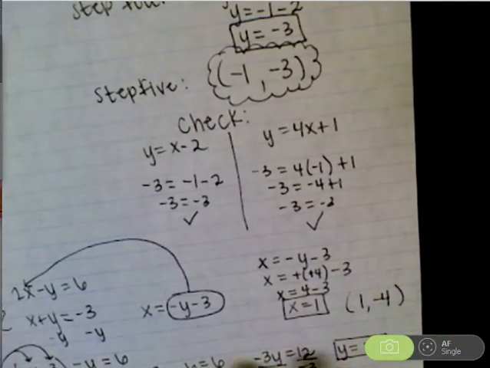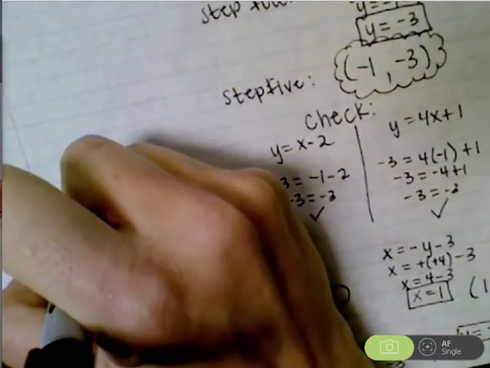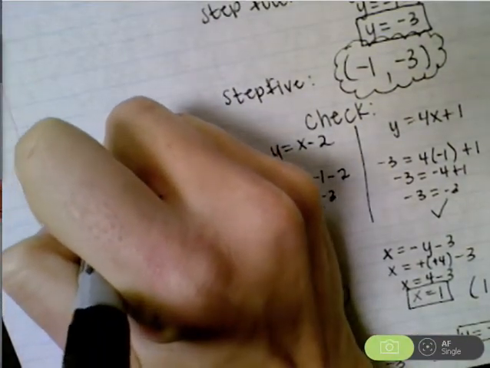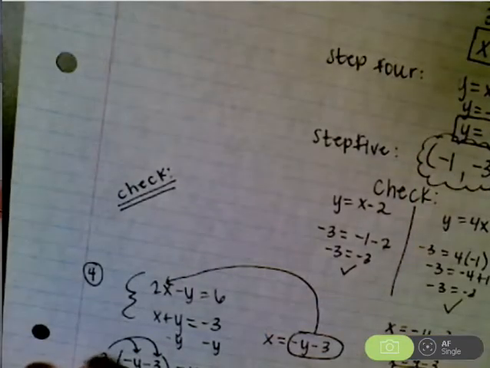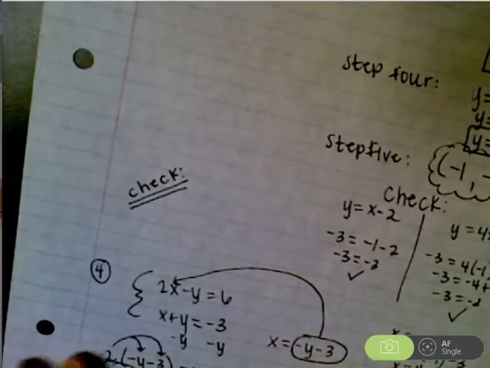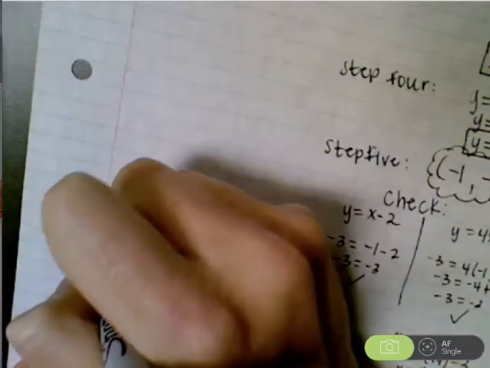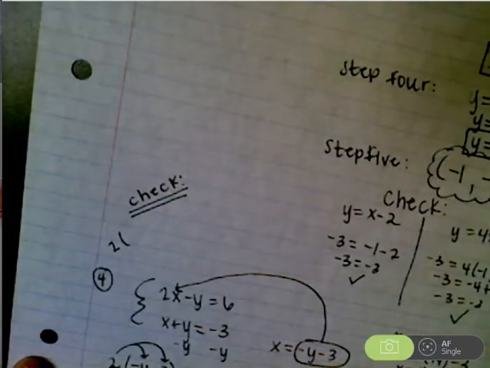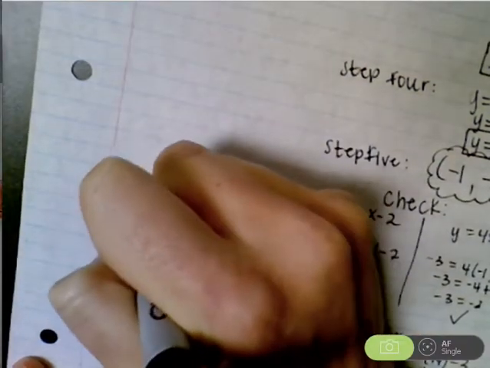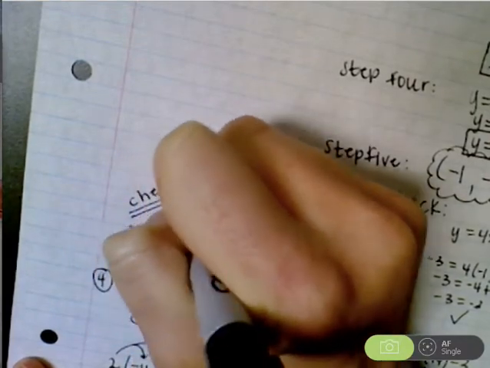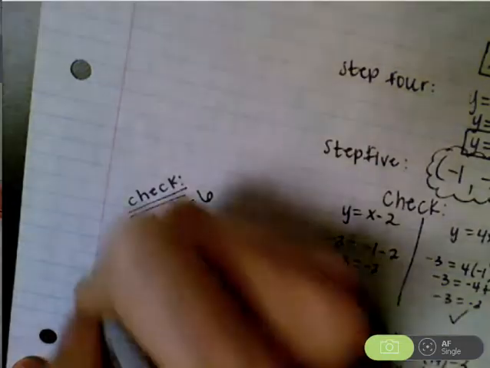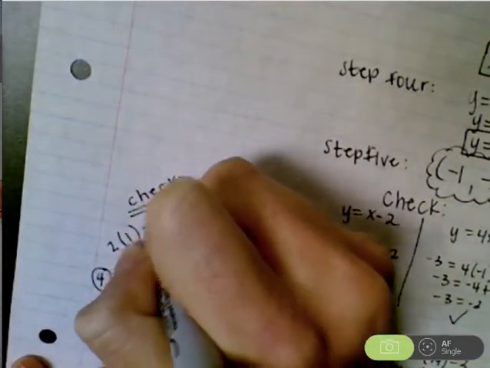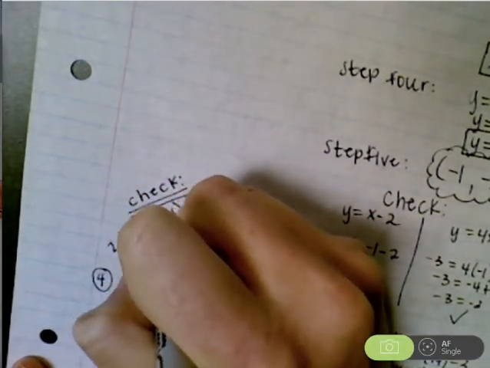What's the last step? Check it. Okay, so when I check it, I'm kind of out of room, so I'm going to do it up here. I should get that 2 times 1 minus negative 4 is equal to 6. 2 times 1 is 2, minus negative 4 is plus 4.